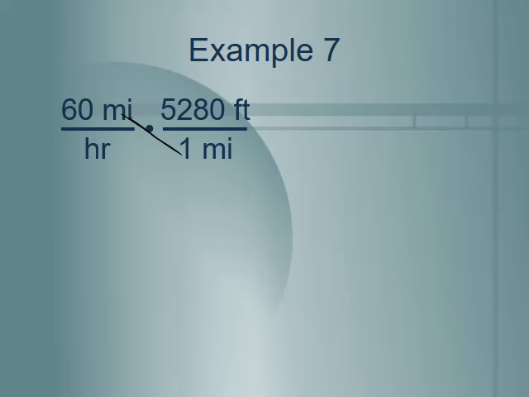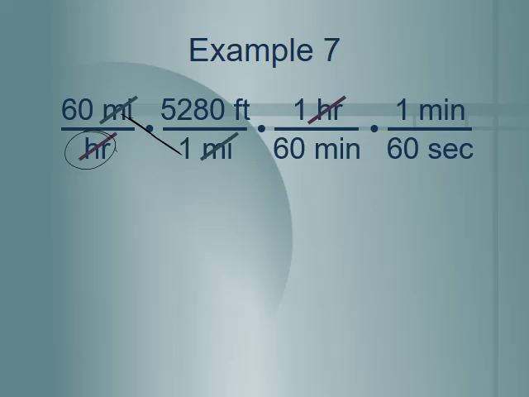And now we've converted our miles into feet. We need to do something with our hours because we're looking at seconds. So now if we go ahead and reduce, we have 1 hour per 60 minutes. We now can reduce out our hours, and we have 1 minute per 60 seconds. We now can reduce down our minutes.